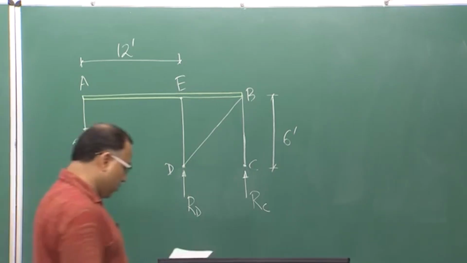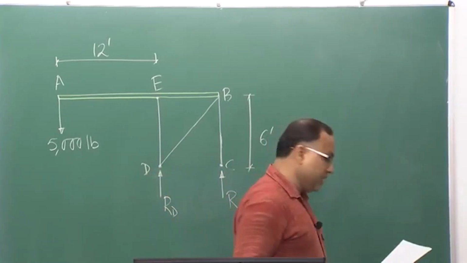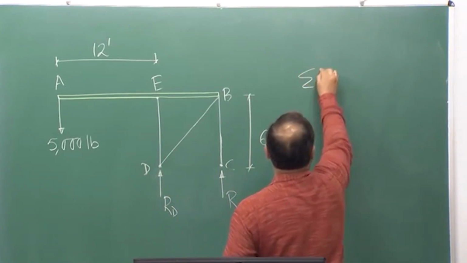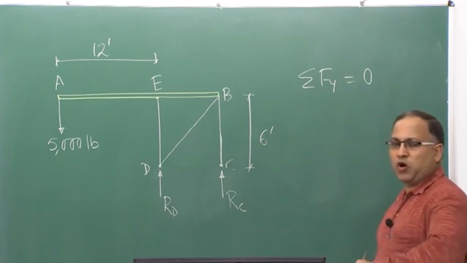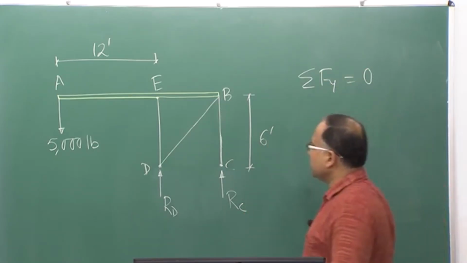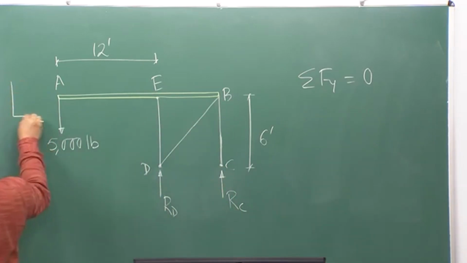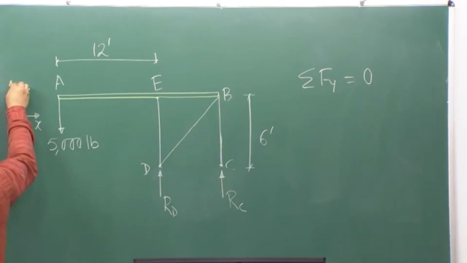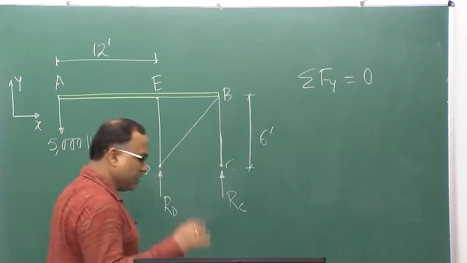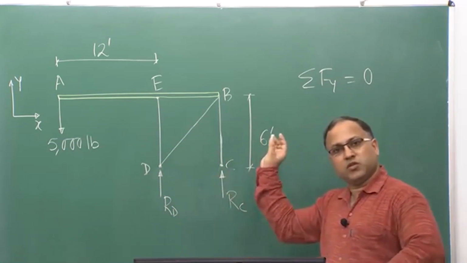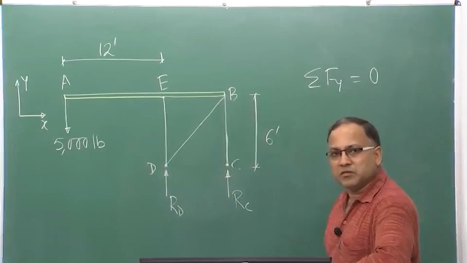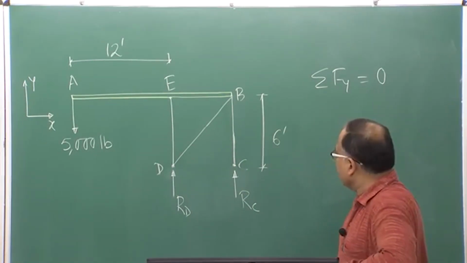If you solve the unknown reactions, then consider the summation of all the forces in the y direction. This is my x and this is my y, and if it is not mentioned, every time, it will be taking the same direction like x and y.